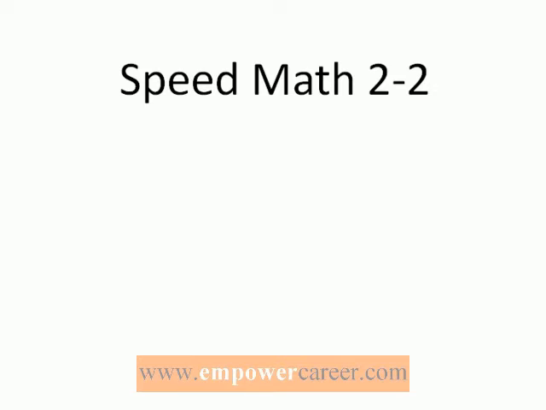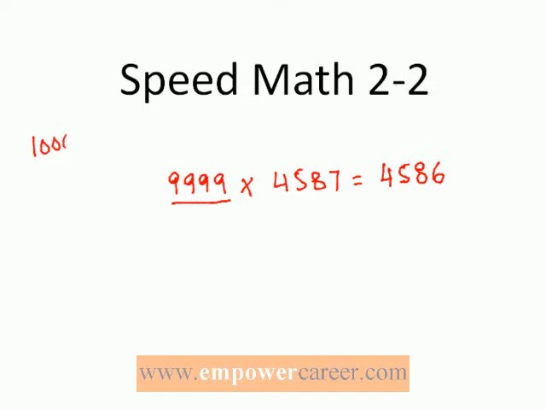Let's take up another larger number. Let's say 9999 to be multiplied with 4587. Nothing, I tell you, nothing changes. I'll simply copy the previous method. I'll first write a number which is 1 less. That's 4586. Now here I've got 4 nines, so I'll choose a base 10,000, which has got 4 zeros.